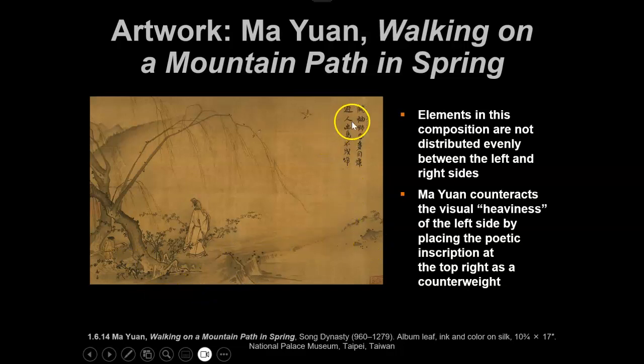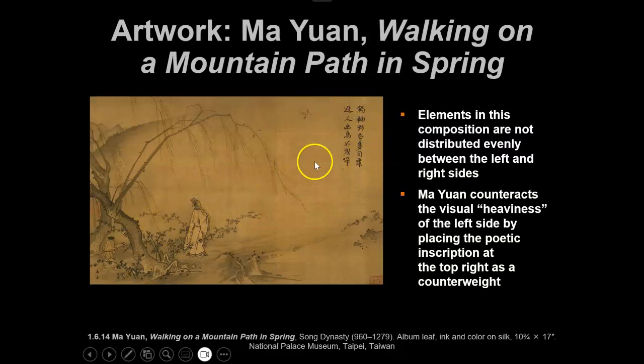In this corner, he's got this poem that he's written. The poem and these small objects counterbalance this piece. So he's creating balance. It's an asymmetrical balance, but he's counterbalancing it with something else on the right.